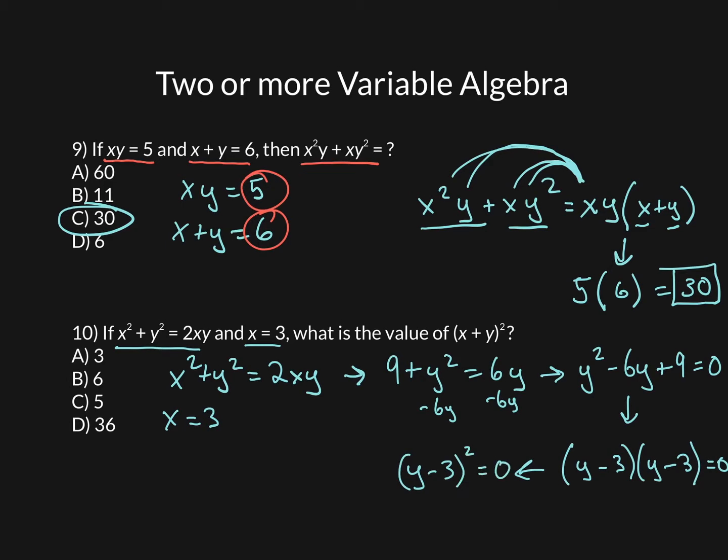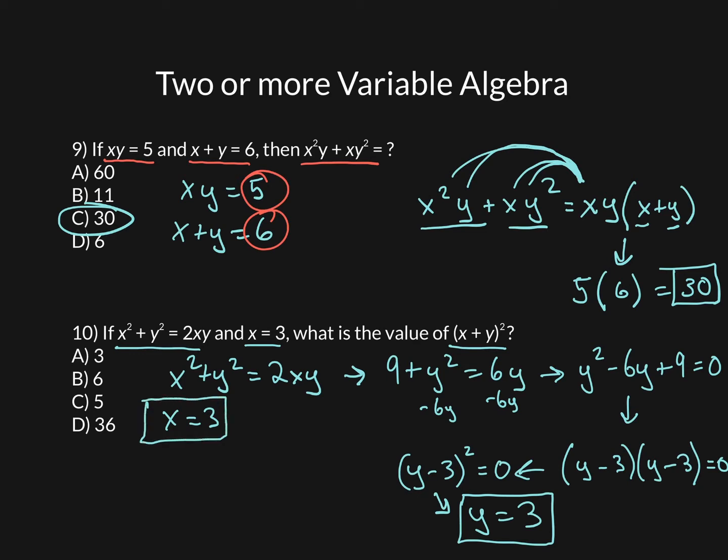So if they're asking us what is the value of x plus y squared, well, we know that y minus 3 squared equals 0. Therefore, we know y would have to be 3. And this is because the only value that we can plug in to get us 0 would be 3 for y. So we know x is 3, we know y is 3.